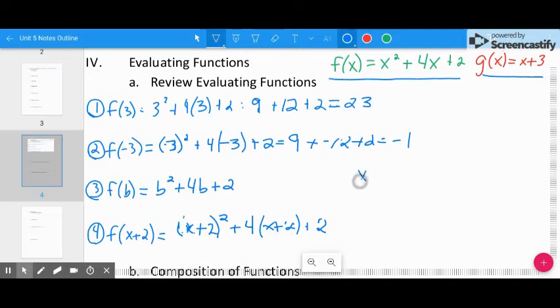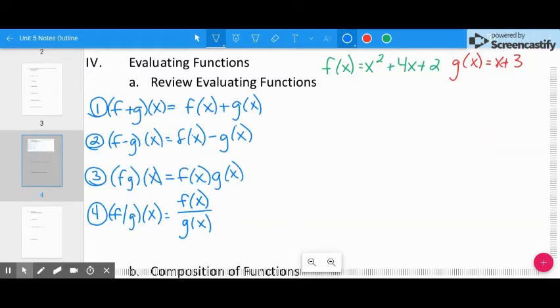We'll have x squared, so FOIL or box, plus 4x plus 4. Then distributing, we get 4x plus 8 plus 2. And at this point, we can combine like terms. So we get x squared plus 8x. And adding up all those constants, we have 14.